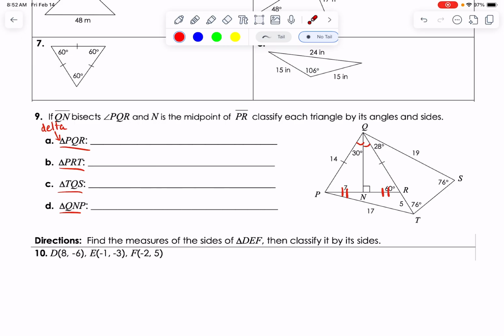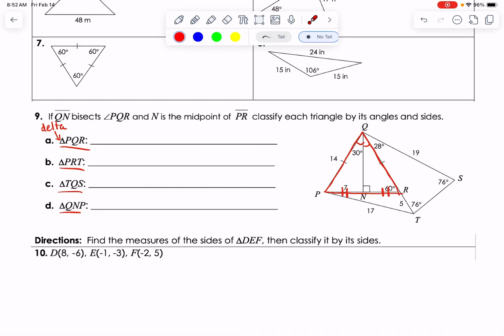So triangle PQR, for instance, we're looking at the entire triangle PQR. So it kind of works how you would name an angle. We're looking at this whole thing. And PQR has 2 sides that are congruent.